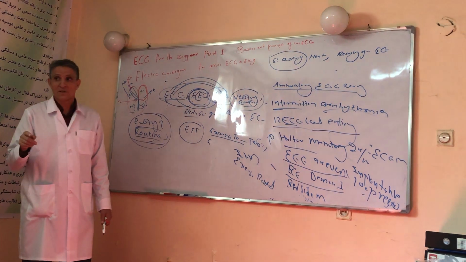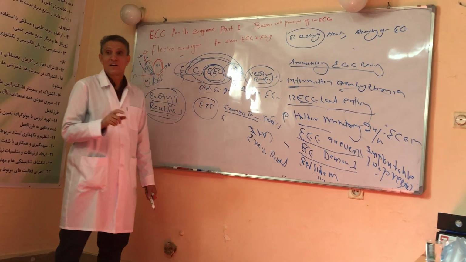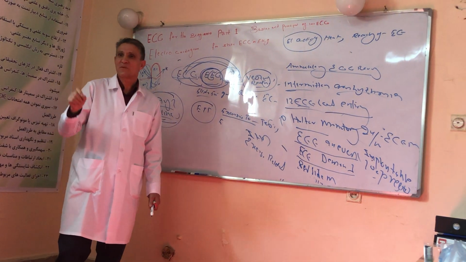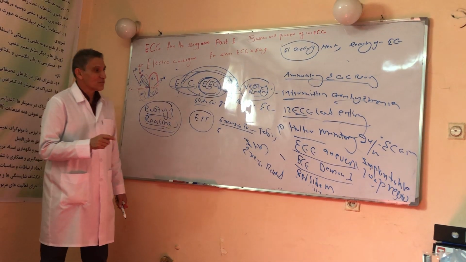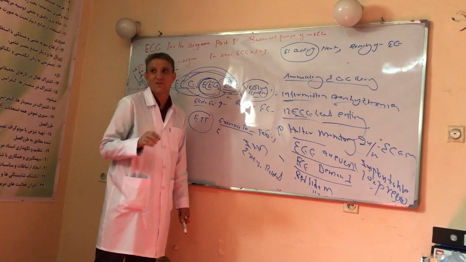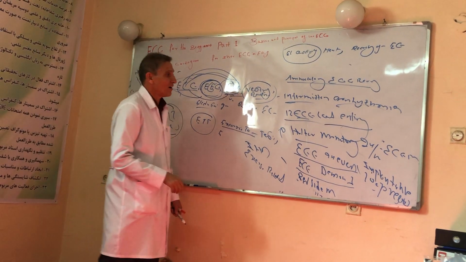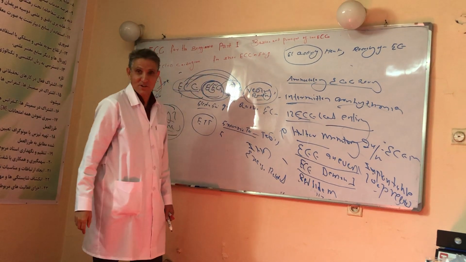Two conditions are very important in the discussion of intermittent arrhythmia. Number one, the 12 lead ECG between two attacks may be quite normal. In addition, we should use alternatives to record the electrical activity of these people. Number one, 24-hour ECG recording or Holter monitoring.